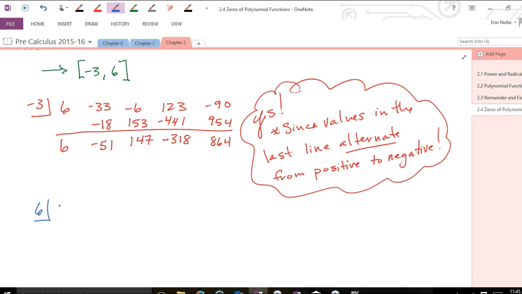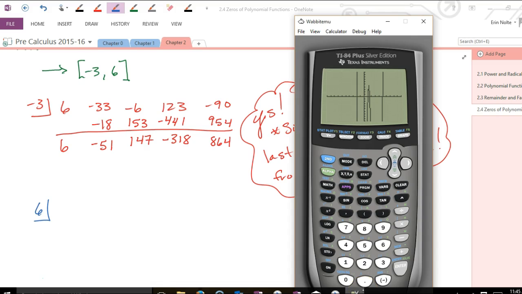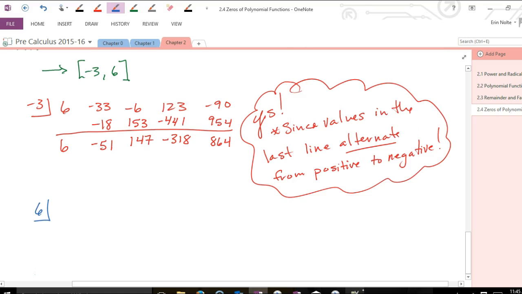On the calculator, you see all the places where the function crosses the x-axis, right? So those were existing between -3 being the lower one and +6 being the upper one. So all of the zeros were between -3 and 6. That just confirms that. Exactly.